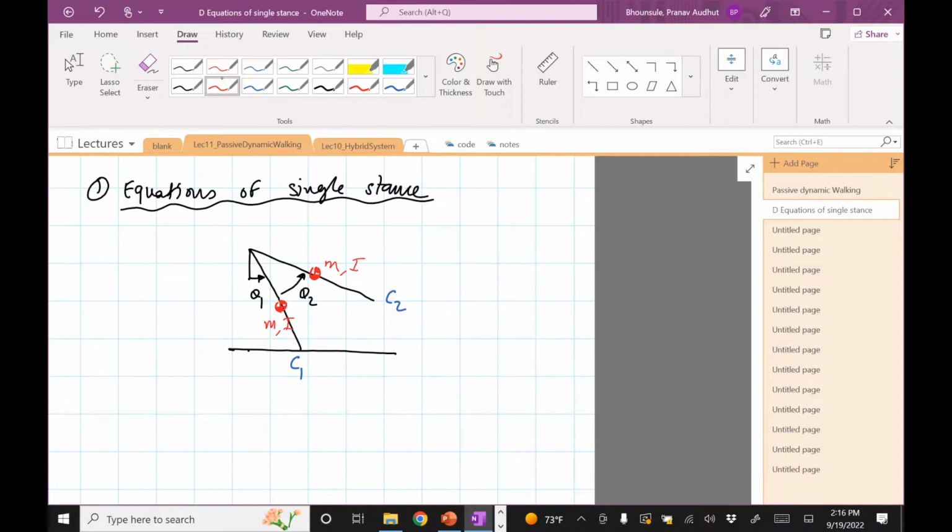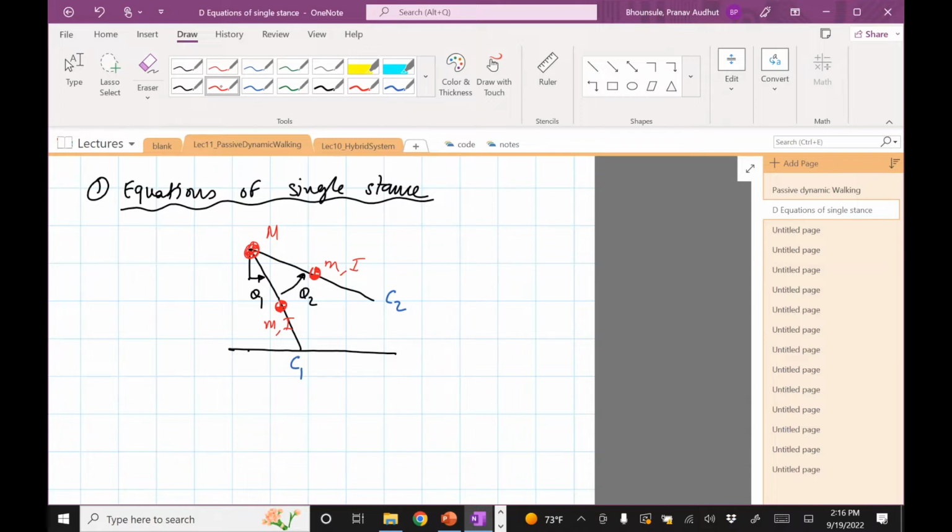I just made the legs symmetric to make it easy to write the equations, since the equations become quite big. And then we'll assume that there is a point mass on the joint connecting the 2 legs.